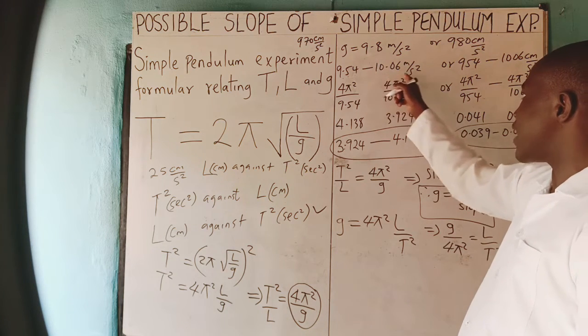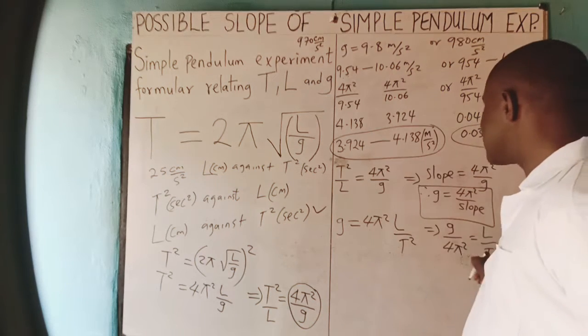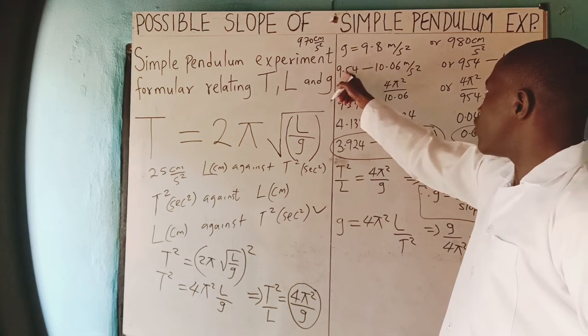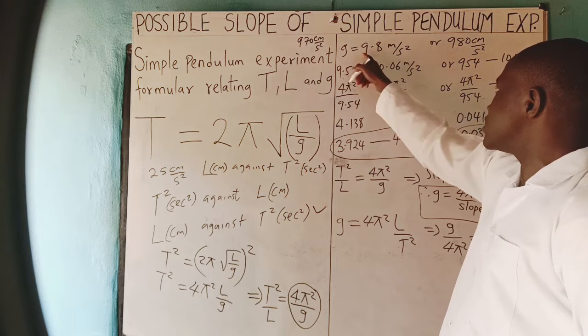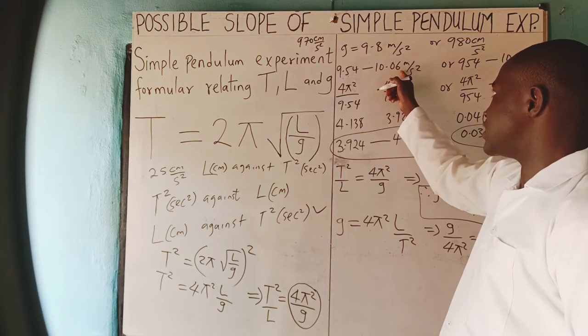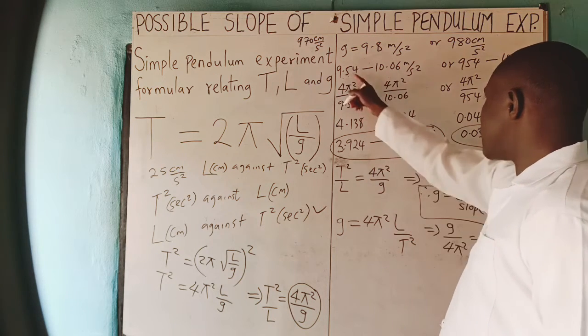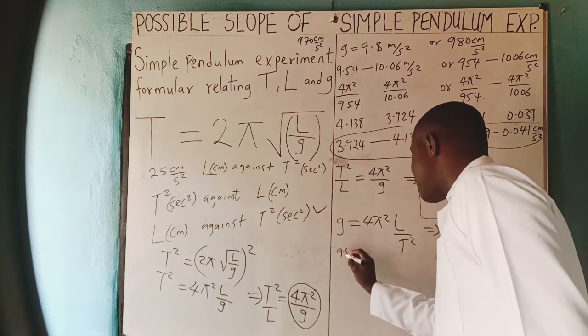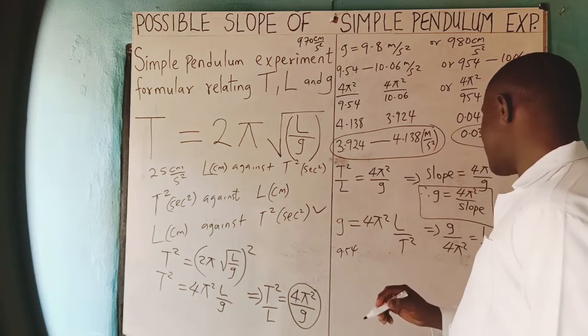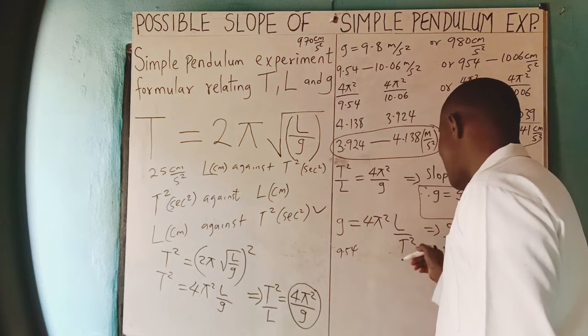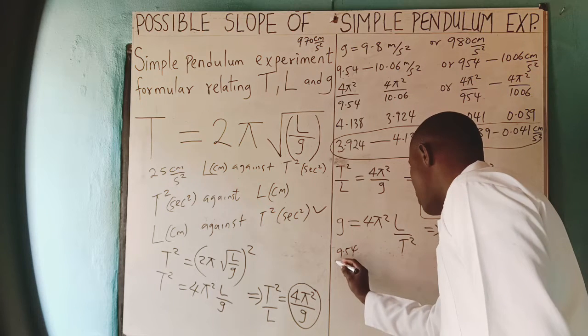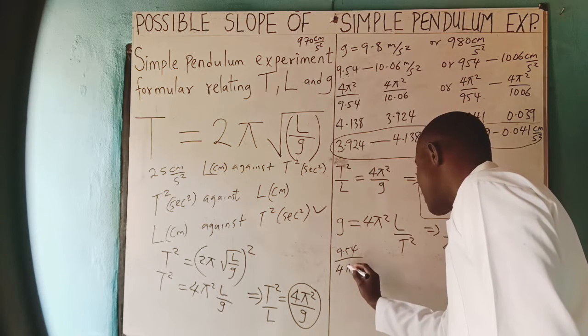Going back to what we have here, we said that if it is meter per second square, the range will be this to this. That means for this one, for 9.54, I should be having 9.54 all over 4 pi square.